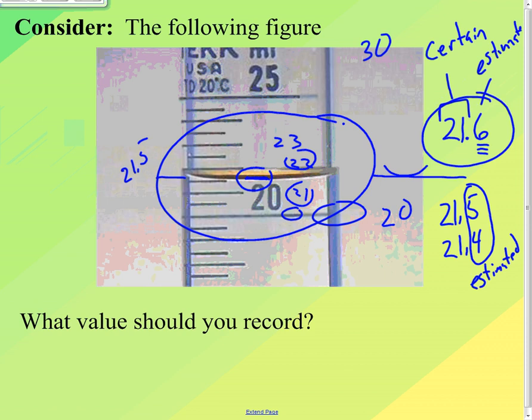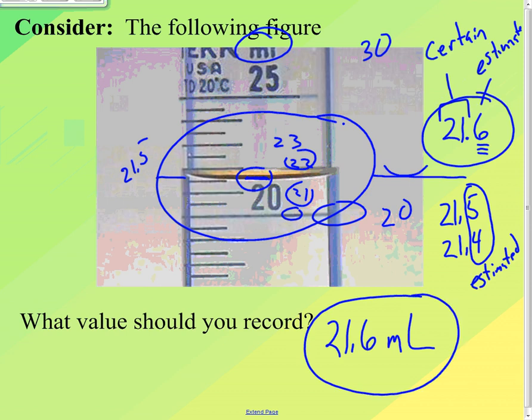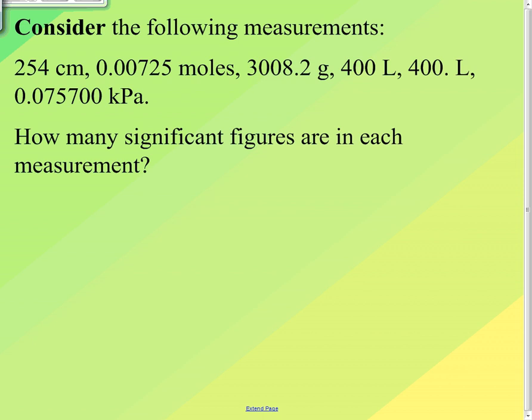So what value should I write down? I am going to write down 21.6, and we also need to write down units, 21.6 milliliters. Okay, so that's the way we create sig figs in the lab. Let's move on now to analyzing sig figs.